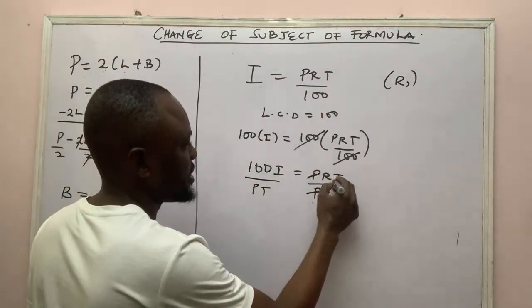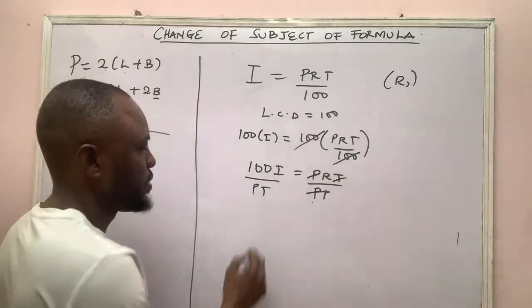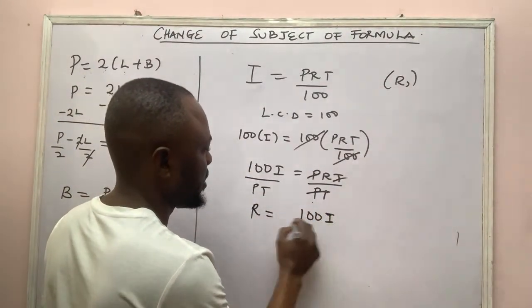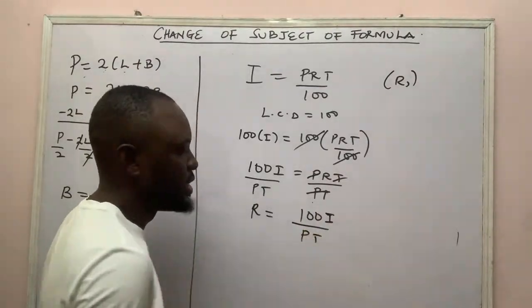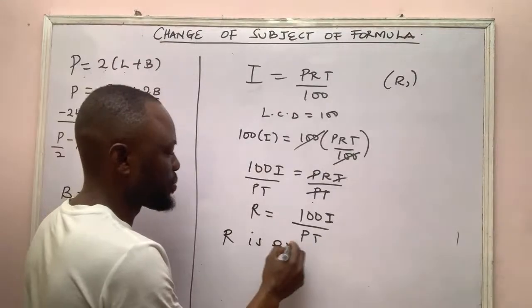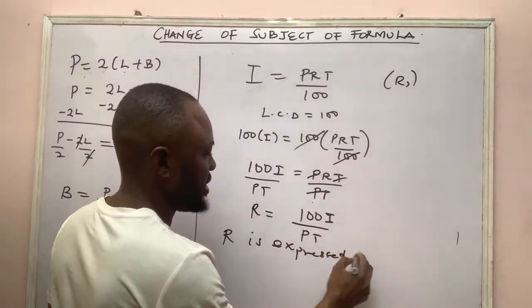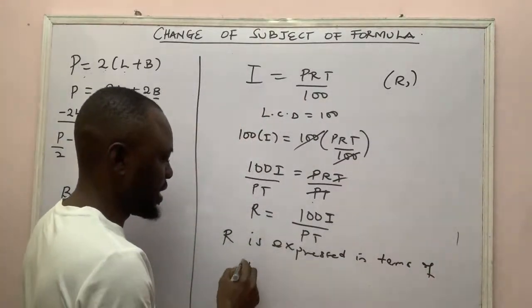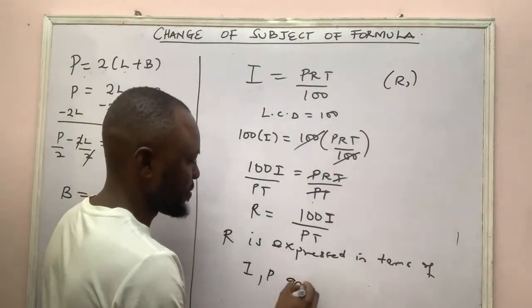So PT cancels out PT, and R will be 100I all over PT.